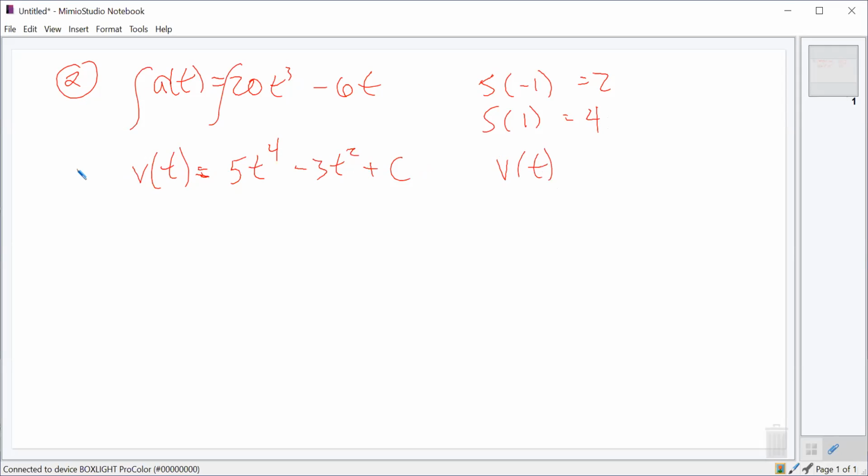So we'll just integrate again to get a position function, which will give us t to the 5th minus t to the 3rd plus that constant c times t, because that constant is just a number, right? Suppose that's a 7 or something, that would give us a 7t. And then we also, since we integrated, we have to add in another constant. Let's call it d.